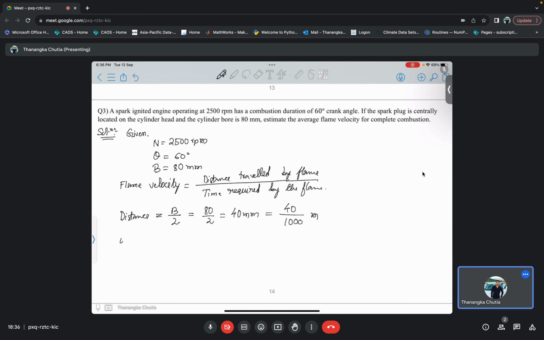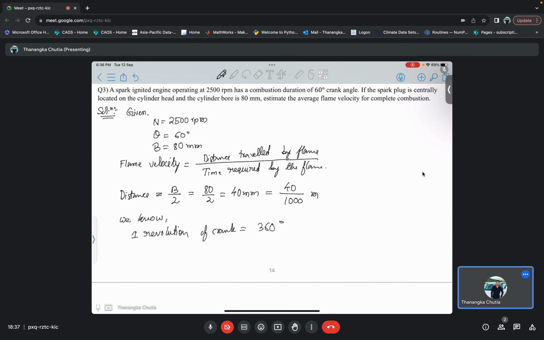Now we know one revolution of crank is equal to 360 degree. Therefore, the number of revolutions completed in 60 degree crank angle.